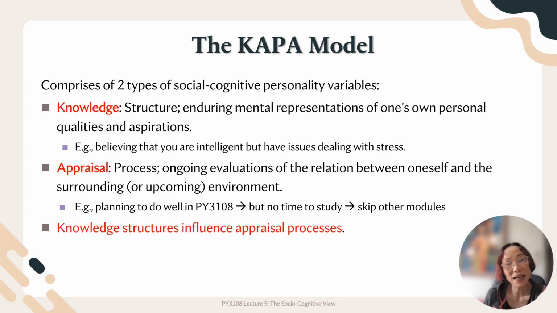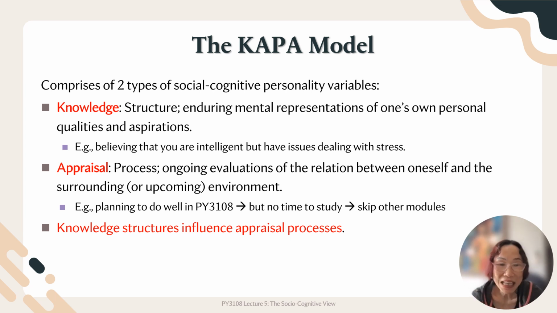There are two types of social cognitive personality variables. One is knowledge, including the structure of knowledge, enduring mental representations of one's personal qualities and aspirations.